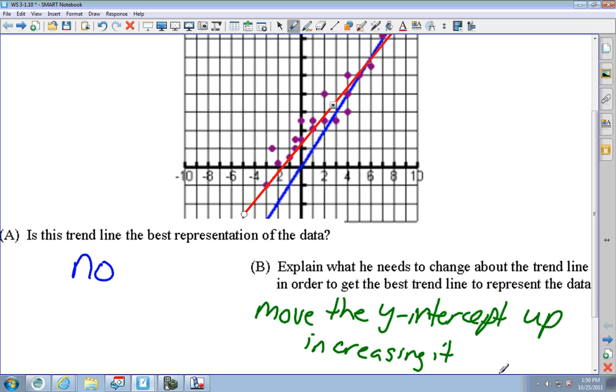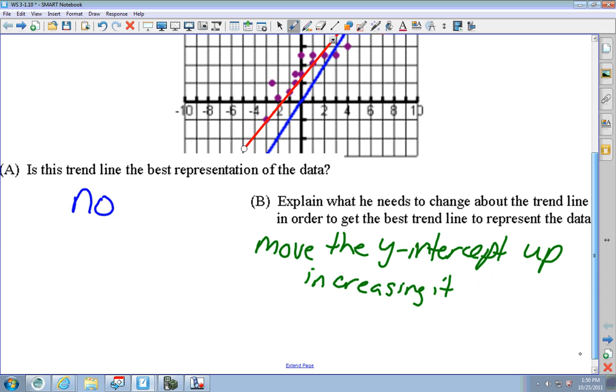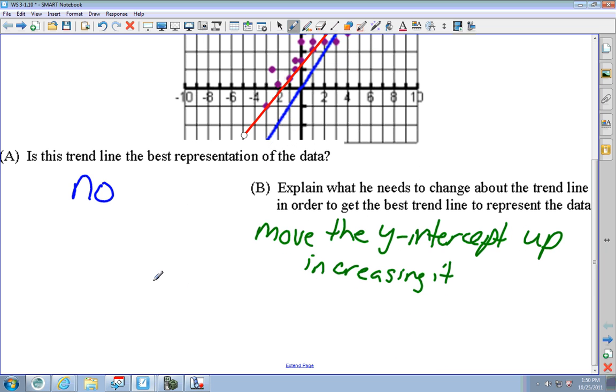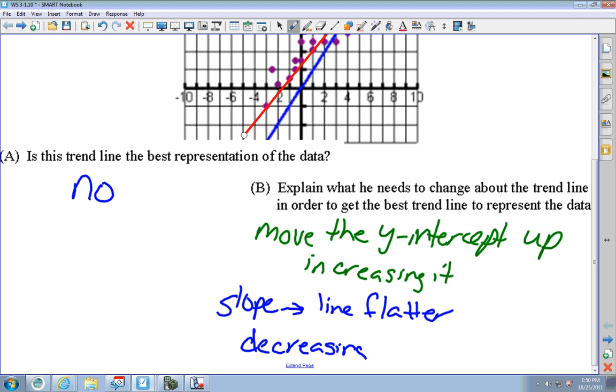Now I'm making it flatter, and so for my slope, my line, I'm making it flatter. And what I'm doing by doing that is I am decreasing the slope. I am moving my slope to make it flatter. To make it flatter, you need to move the slope closer to 0.